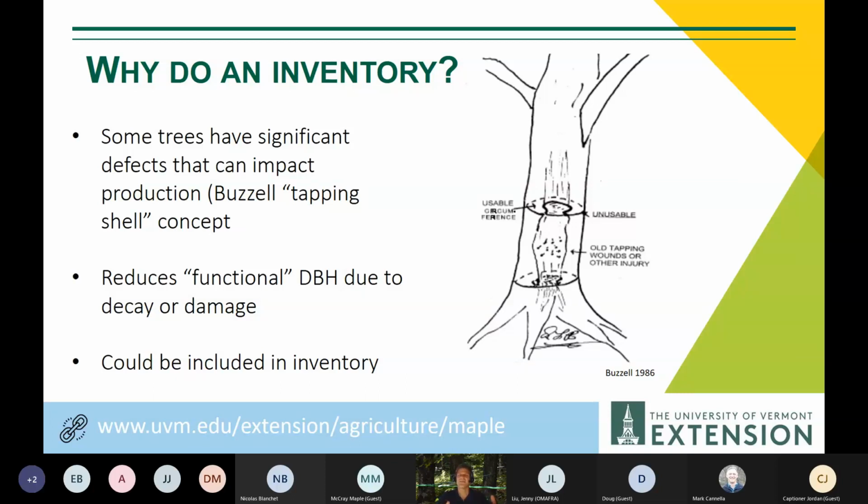If a significant part of that conductive tissue is damaged in some way or unusable, you really want to reduce the functional DBH, or diameter, of that tree. This is the kind of detail that could be included if you have a large proportion of trees that have significant decay or other damage. That would also reduce the functional number of taps, or the size of those trees that you would tap.